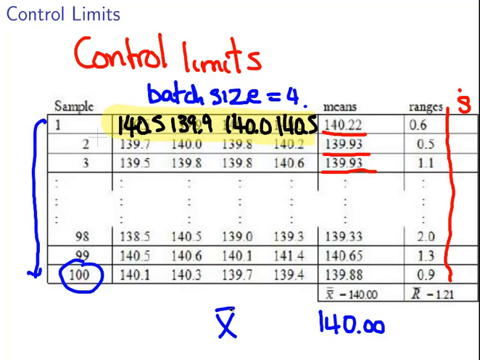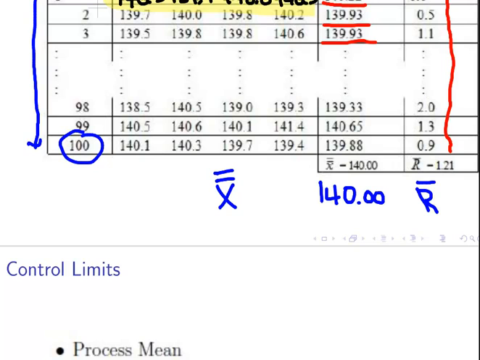We would denote that X double bar, which is the mean of the means. Similarly, for the ranges we would calculate all the range values, 0.6, 0.5, 1.1, and get the mean of all those range values, and we would call that R bar. In this case it's 121. You might also find the average of the standard deviations, and we'll call that S bar. That's quite important as well.